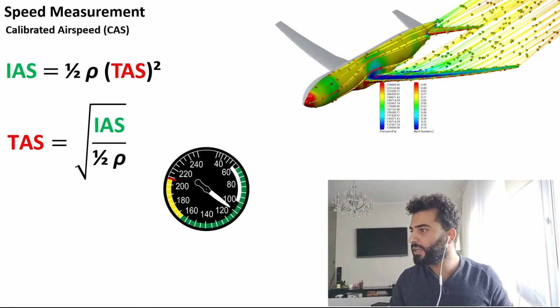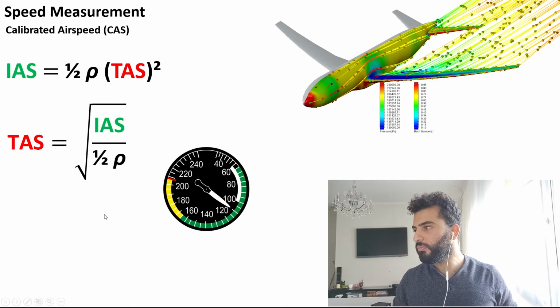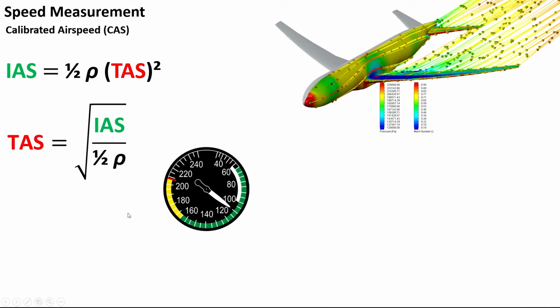But anyway, let's come back now to my equation here. As you can see, at this stage I should be able to find the TAS if I know the IAS. But let's remind ourselves what the IAS is. The IAS is actually the kinetic energy of the air mass which is hitting the plane. But as that air mass hits the plane, it flows around the aircraft.